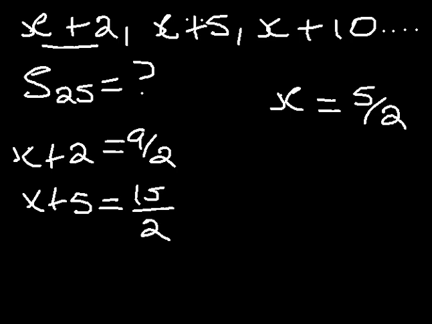So we are remaining with the other term, which is x plus 10. It is the same as 5 over 2 plus 10, which gives 5 plus 20 over 2.